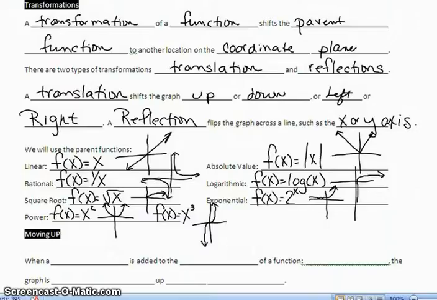So a quick review of our parent functions and their graphs. Now let's see what happens and what makes them move around the coordinate plane.